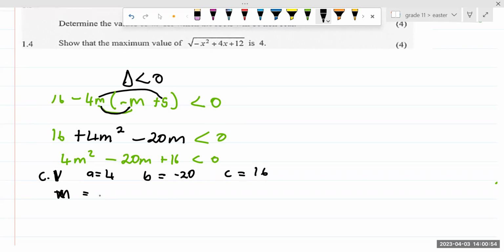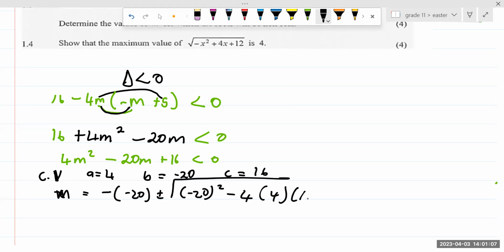Okay, we're going to have minus open bracket minus 20, plus or minus the square root of minus 20 all squared, and then minus 4 multiplied by 4 multiplied by 16, all over 2 multiplied by 4. Now I'm interested in the answer here, guys.